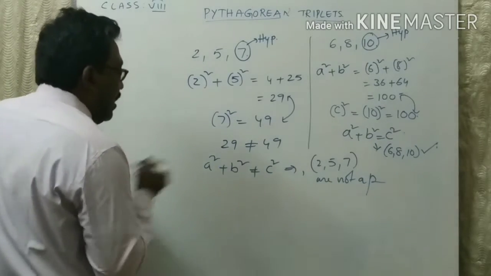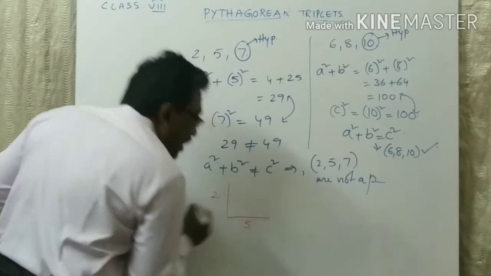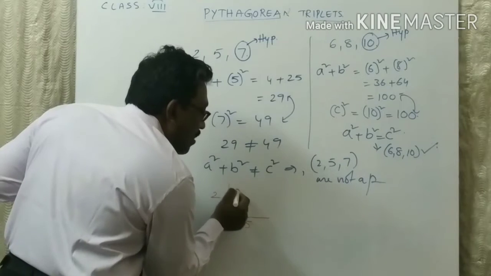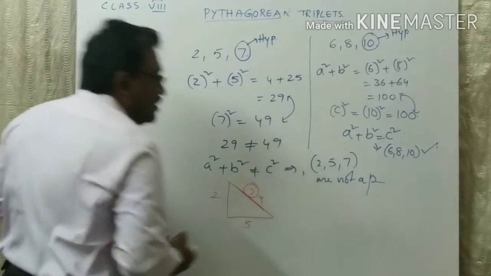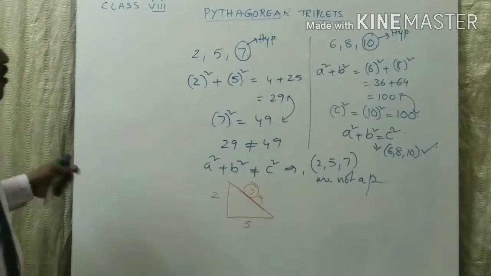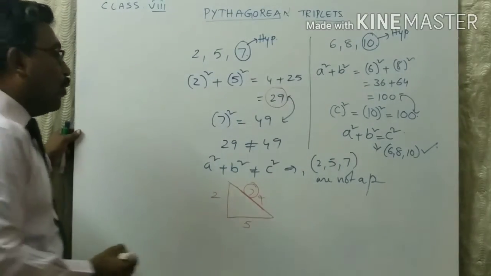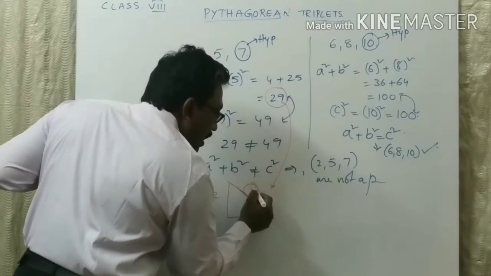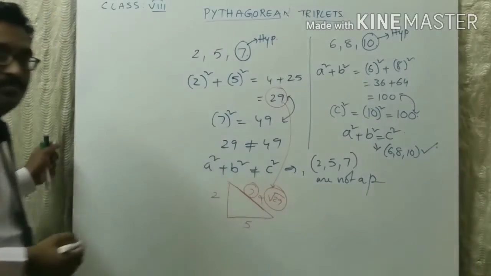If the sides are 7 and 5, the third side cannot be 7. That side will be how much? Root 29. It cannot be 7, it can be root 29.